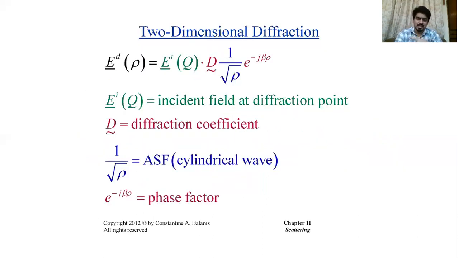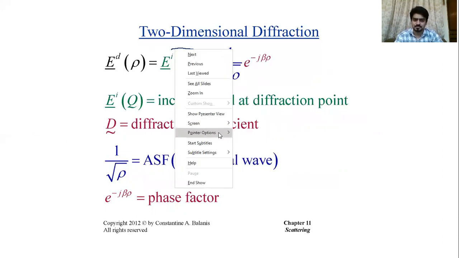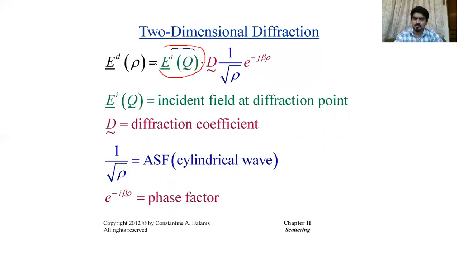Now, let's say you have a two-dimensional diffraction. For a two-dimensional diffraction, your diffracted E field will be proportional to the incident E field at point Q. Then it will be proportional to some diffraction coefficient.